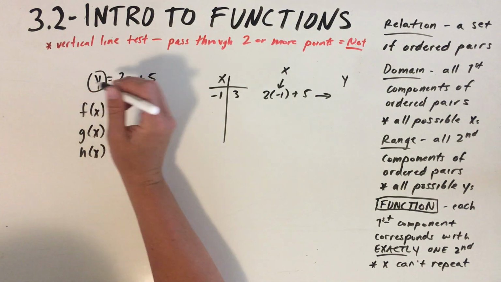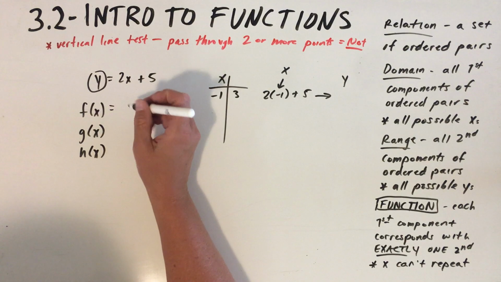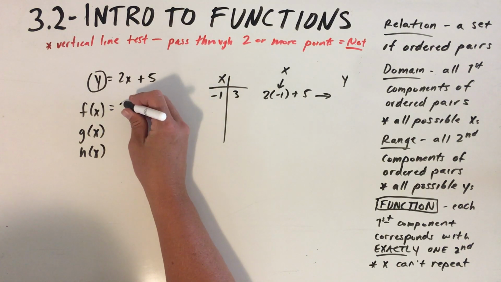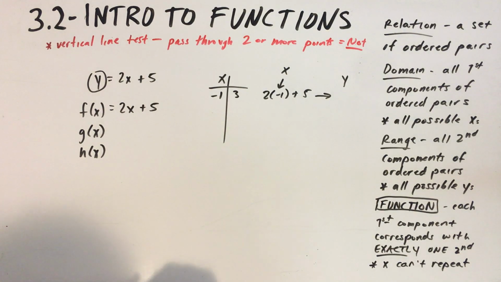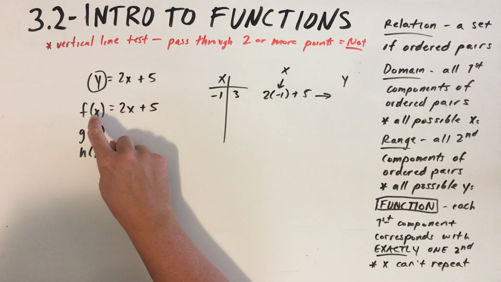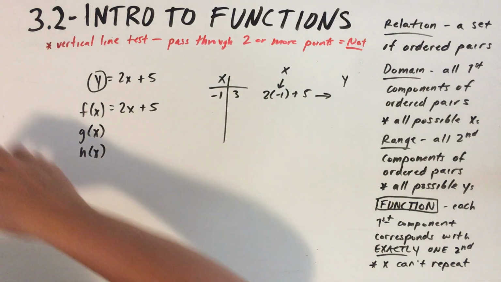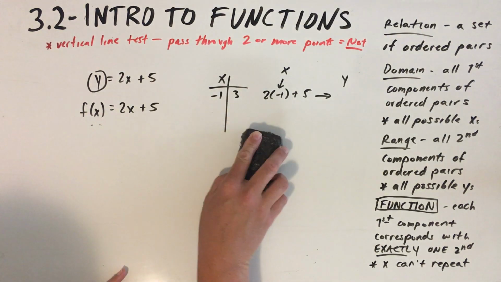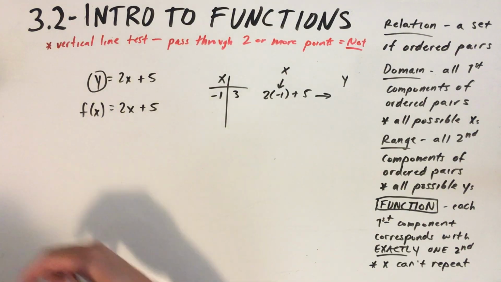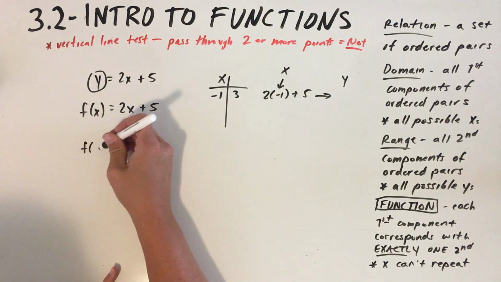If y is equal to this, then y is a function of x, and it could be written in this function notation. Okay, so all this means is that when you plug in a certain value for x, it will give you y.